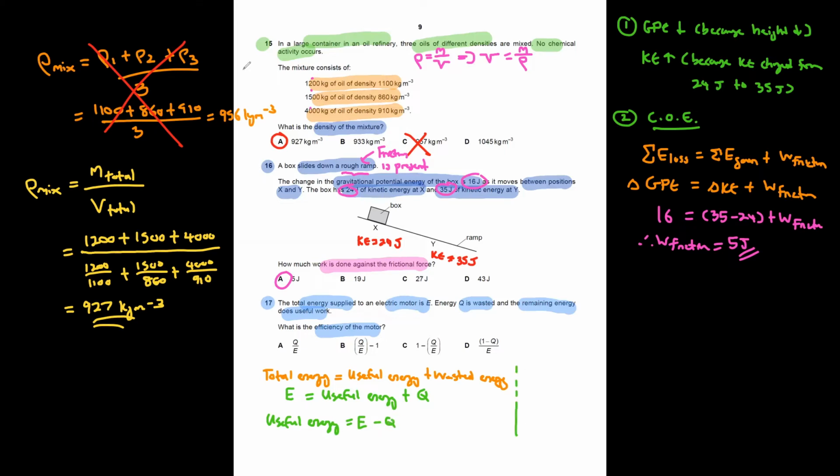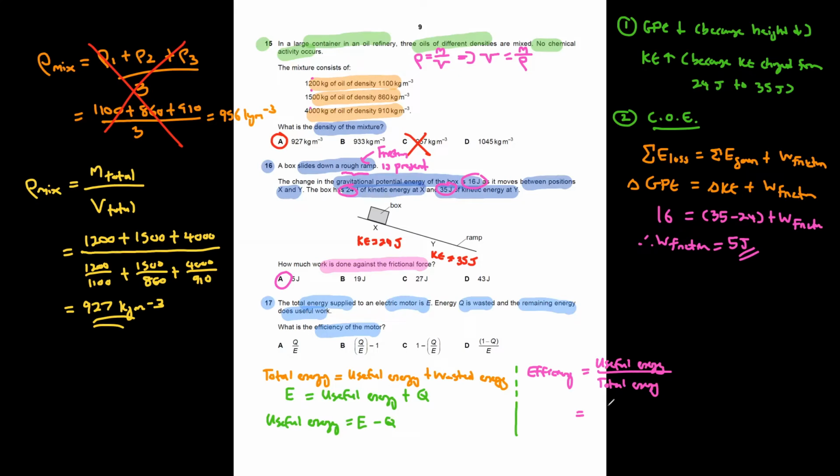This is number one. But the question wants you to find the efficiency of your motor right now. So in your case, efficiency is generally useful energy divided by total energy.